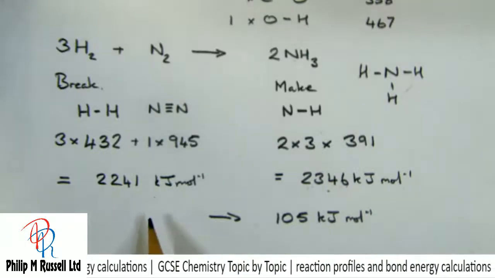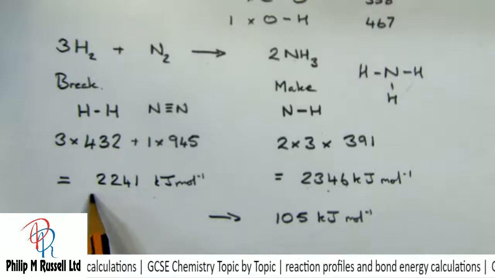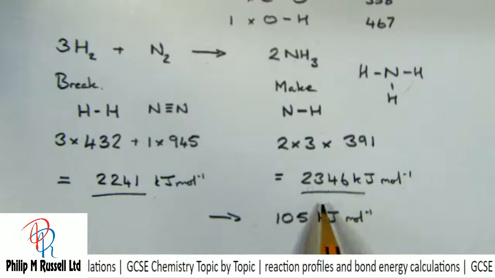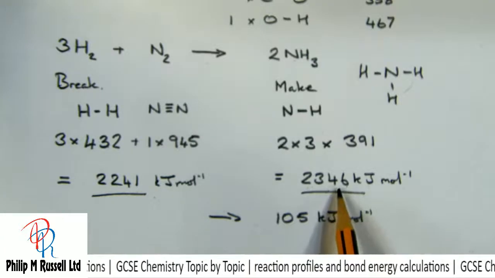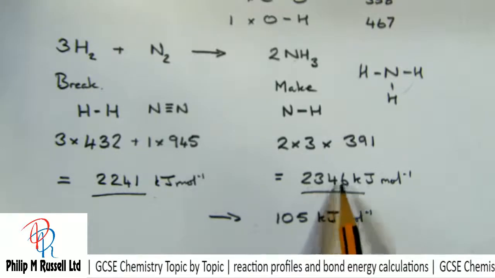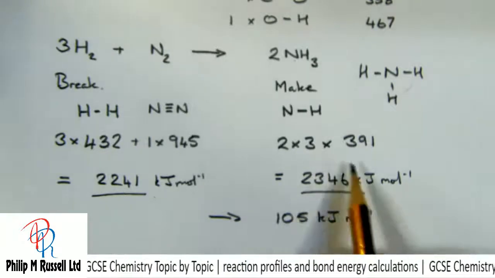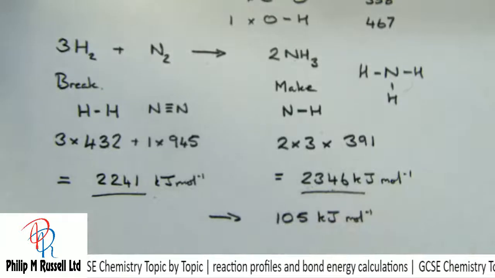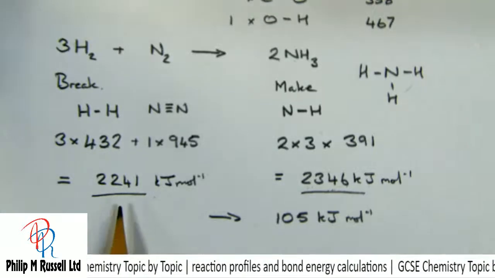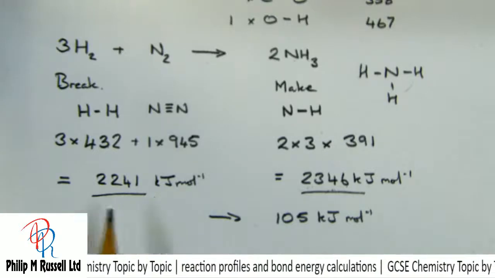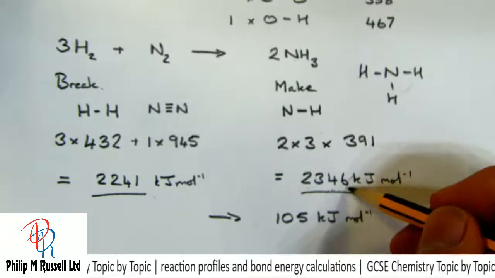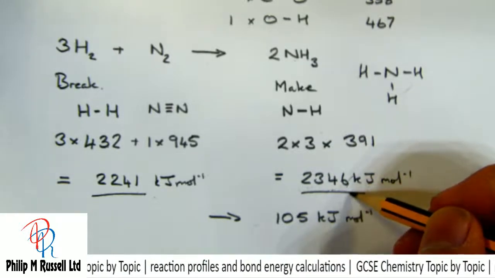So I'm putting in this amount. I'm requiring to make, we're going to need this amount. So to break the bonds, I've got to put in this amount of energy. When I make the bonds, we get out this amount of energy.